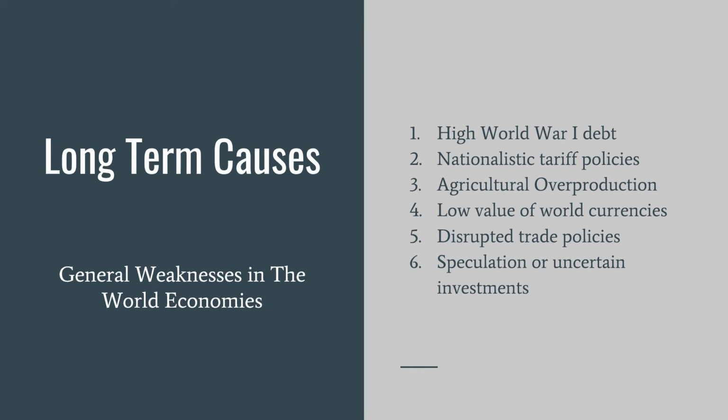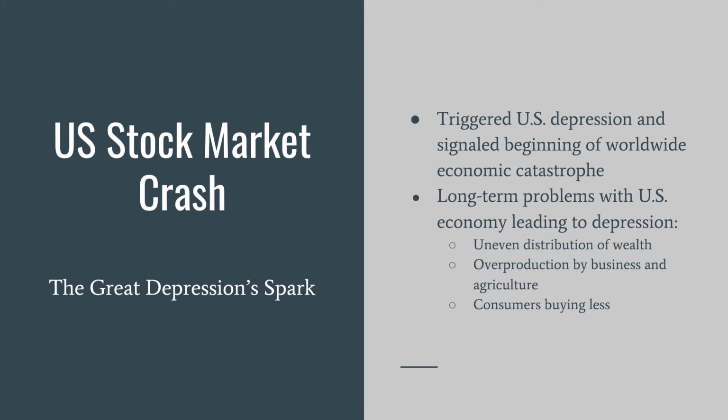So overall, the Great Depression, there were lots of these long-term causes that all sort of came together, but the US stock market crash is really what sort of sparked the Great Depression. Remember, the United States at this point is really sort of holding the world's economy together. They're providing loans to Europe. They are sort of making sure that Europe is able to recover financially from this war.